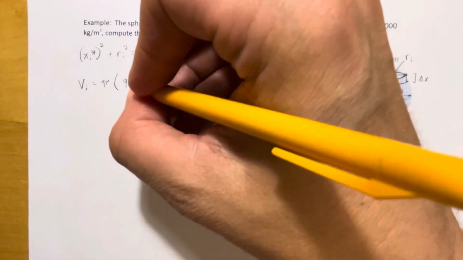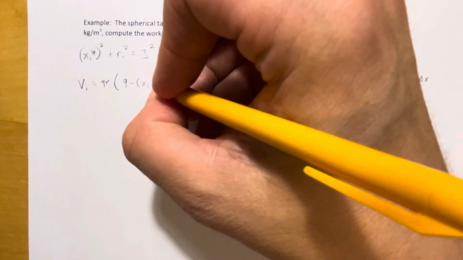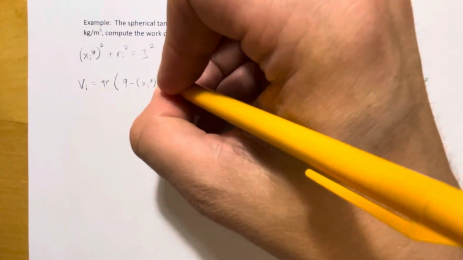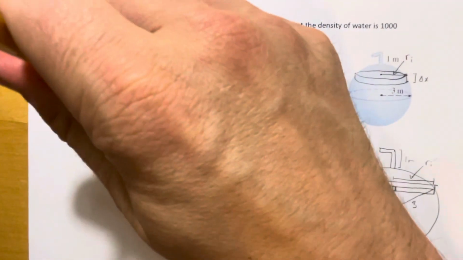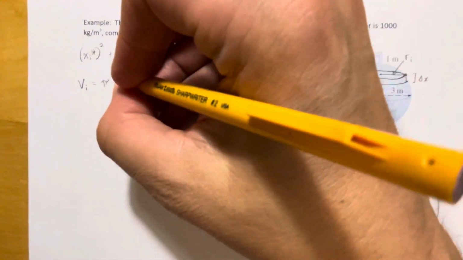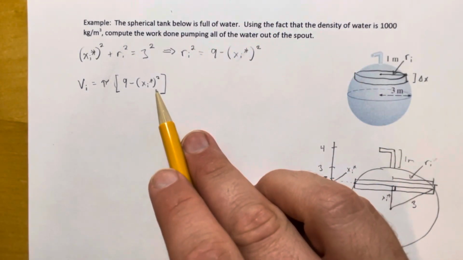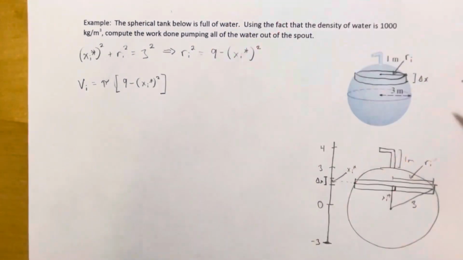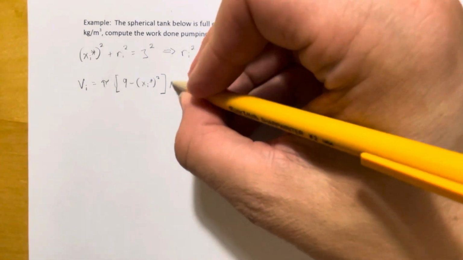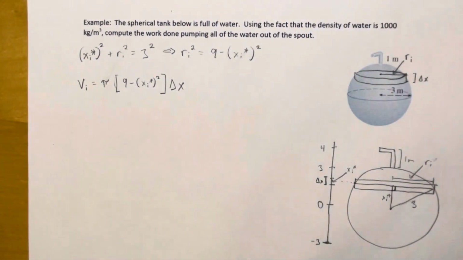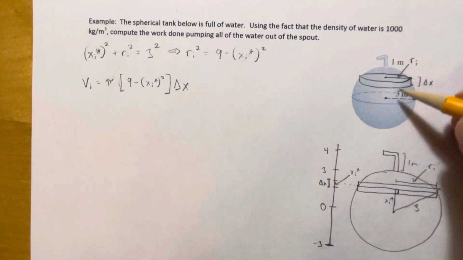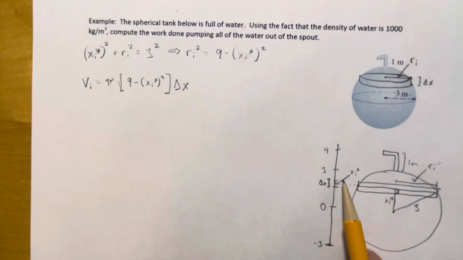So this becomes 9 minus xi star squared. I actually prefer square brackets. Let's use square brackets. There we go. Okay, this is the Ri squared, which we solved for right here, times height, which we're showing as delta x. That's the volume of that cylindrical slice in terms of this xi star, this sample point that we chose.